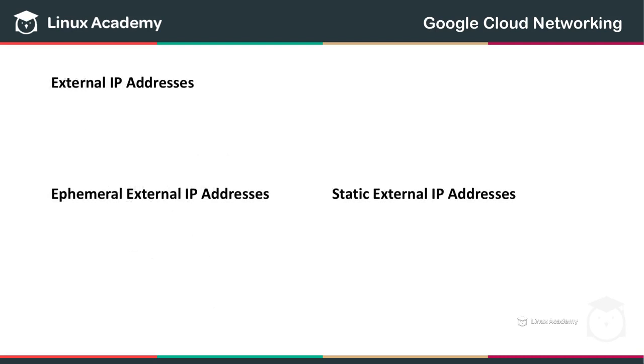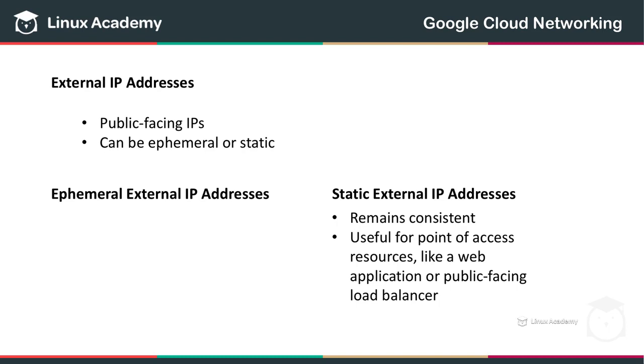All right, so external IP addresses. We've got a couple different types, ephemeral and static. External indicates they're public-facing IPs, and like I mentioned, they're ephemeral or static. Static remains consistent, useful for point-of-access resources like a web application or a public-facing load balancer.